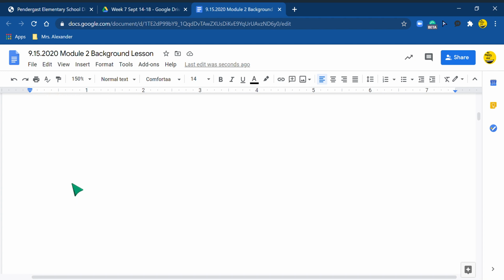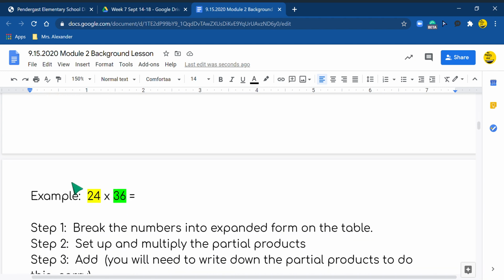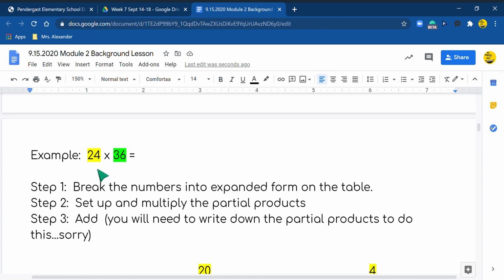Now here we go to area model. The example I'm using is 24 times 36. One of the first things you're going to have to do is break the numbers into expanded form on the table. We've done expanded form. That's literally taking the numbers and going 20 plus 4 times 30 plus 6.